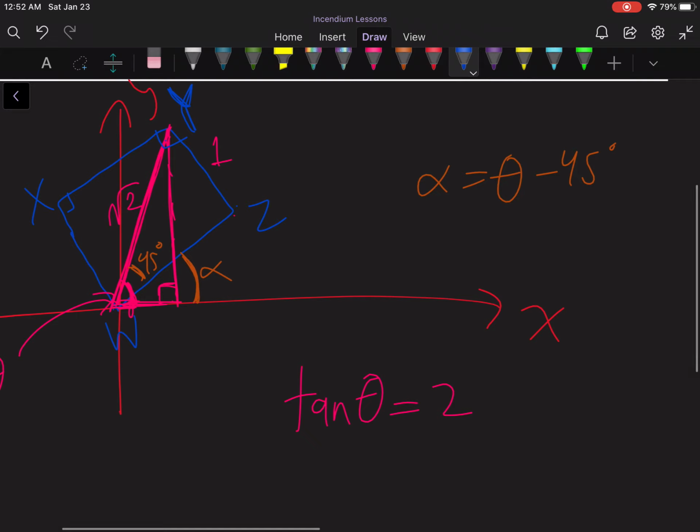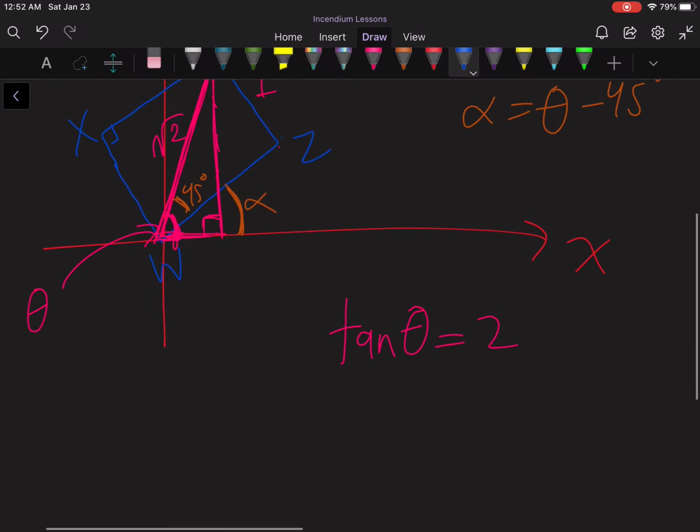Once again, remember, the definition of slope is opposite over adjacent, or change in y over change in x. So tangent of alpha equals the slope of WZ. This is what we're looking for, the slope of WZ.